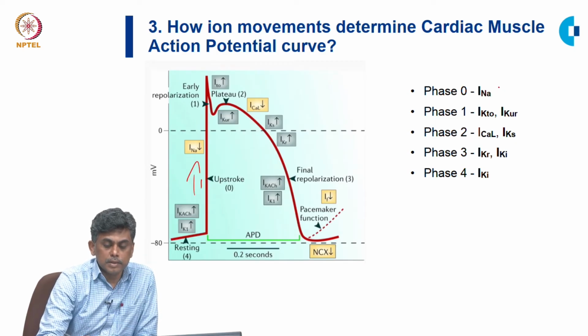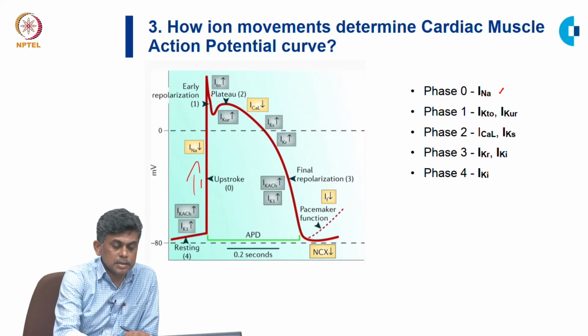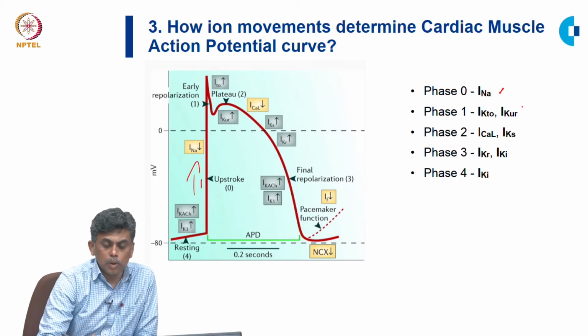Next, after it has reached a point, suddenly it comes down, that is called early repolarization. First part of repolarization is phase 1. That is because sodium channels close and the potassium channels open. There are 2 potassium channels involved here, the transient outward potassium channel and the ultra rapid potassium channel.